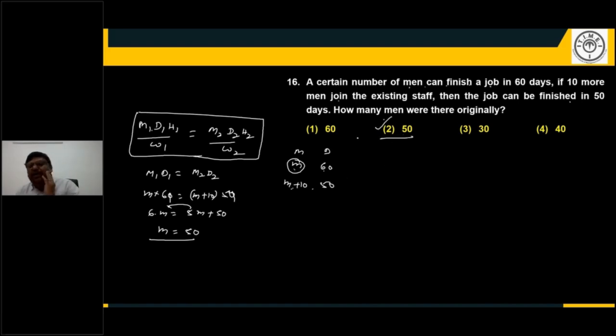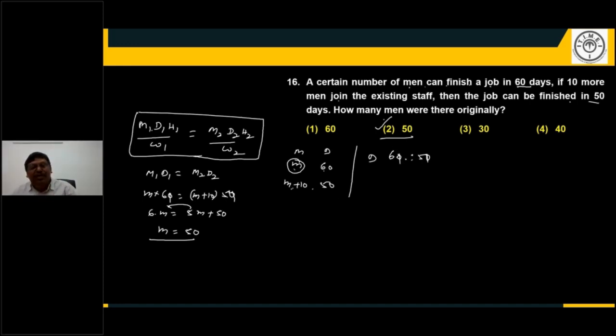You can even go by trial and error. Originally they are doing it in 60 days, now they are taking 50 days. I can tell you directly also like this. Number of days originally 60, now 50, so 6:5 is the ratio of days. If number of days comes down, number of men will increase.